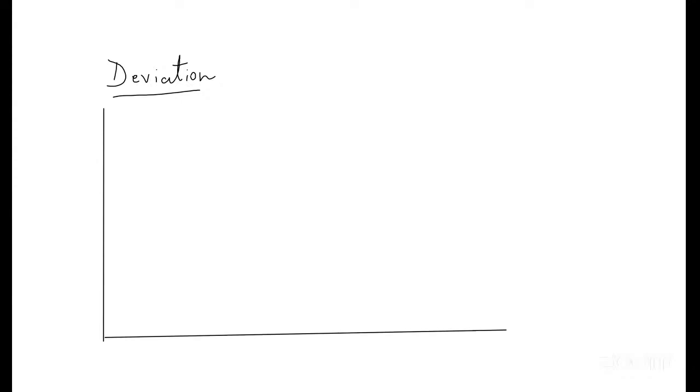It's there in the higher level, but I am just going to give you an intro so that you understand what is deviation. Okay, so now here I have 0, 1, 2, 3, -1, -2, -3.